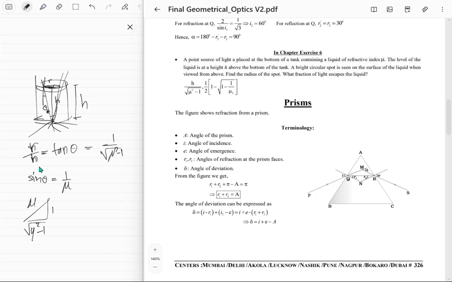Okay, and then this is the fraction of light that escapes: half of 1 minus square root of 1 minus 1 upon mu squared. So this thing we know is just cosine theta. What we are saying is 1 minus cosine theta, half of that is what escapes. Oh, maybe you're just finding a solid angle, and yeah, that's one way of thinking of it.